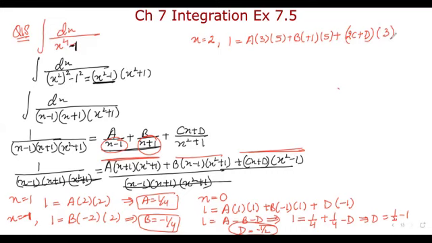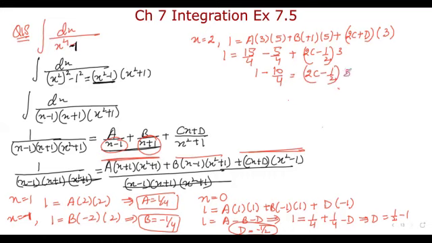ठीक है. अब हम क्या करेंगे, जो values हैं 1 is equals to 15 into A, आपका 1 by 4 है. This will be 15 by 4. B भी हमने minus 1/4 निकाला है, so it is minus 5 by 4. D आपका minus 1/2 है, so 2C minus 1/2 into 3. अब देखो 15 minus 5, 10 by 4 हो गया, so 1 minus 10 by 4, it will be 2C minus 1/2 into 3.